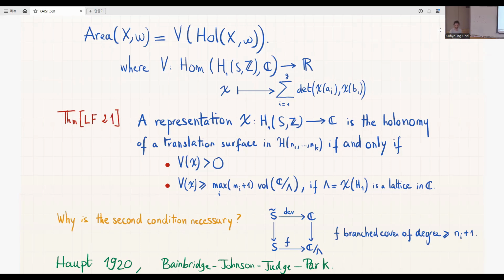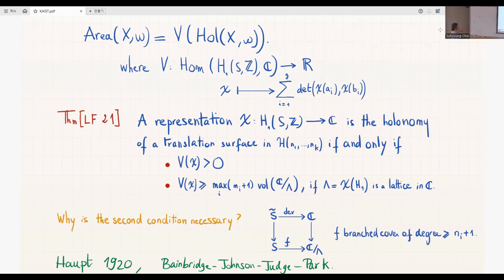Because of the equivariance property, the developing map passes to the quotient to a map from S to C over Λ. And this map is a branched cover. And actually, v of χ will be the degree of this map times the volume of C over Λ. And the degree must be at least n_i plus 1 because f is locally z to the n_i plus 1.